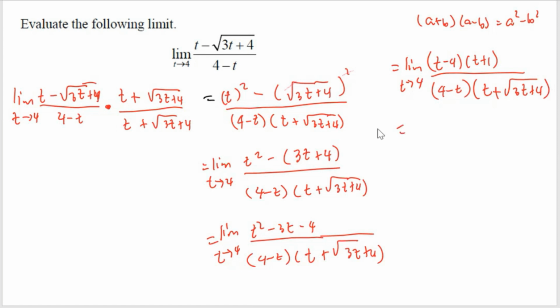So in this case, we can now do cancellation. We can cancel t minus 4 and 4 minus t. Take note, the orientation of the denominator is 4 comes first before negative t. So in that case, when you cancel that one, it's not positive 1, but instead it is negative 1.